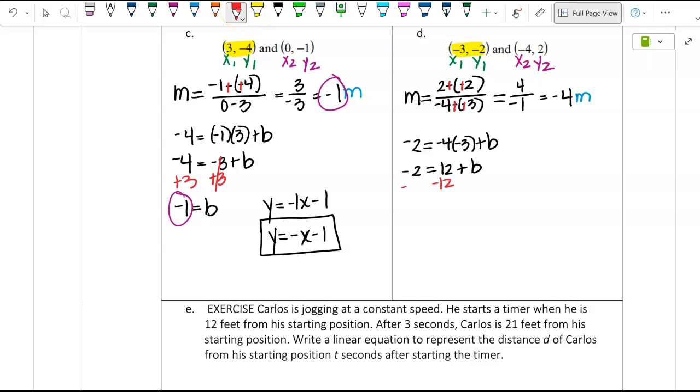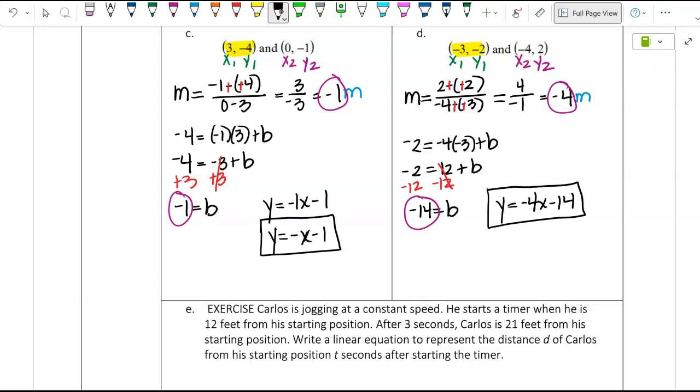We subtract 12 from both sides. -14 equals b. So now we have our slope of -4, our y-intercept of -14. So y equals -4x minus 14 would be the equation of the line that goes through those 2 points.